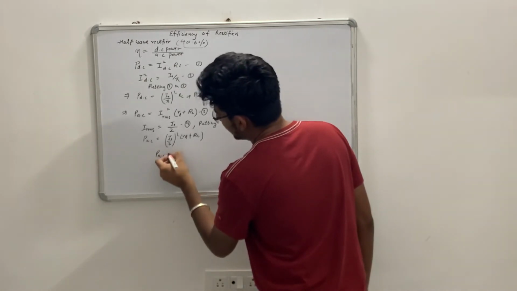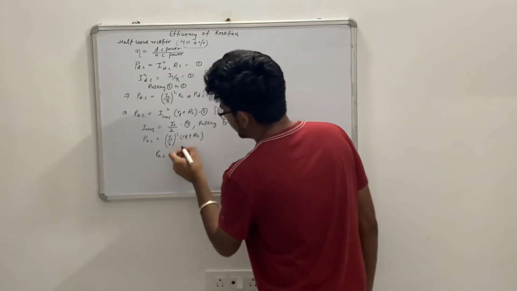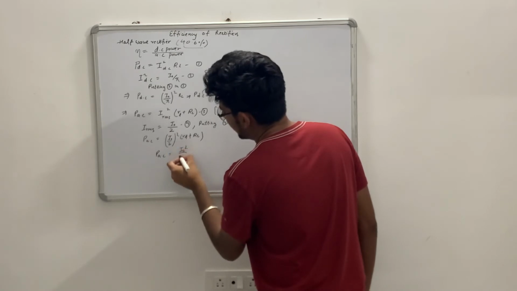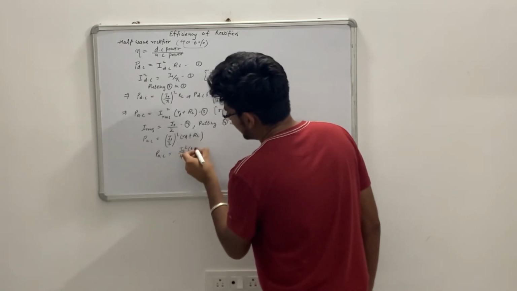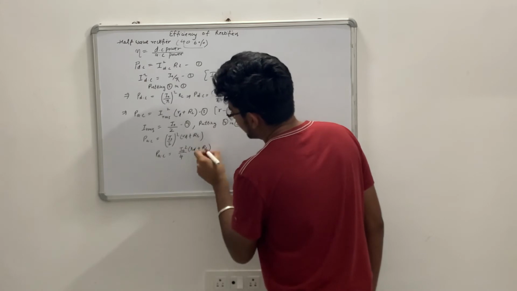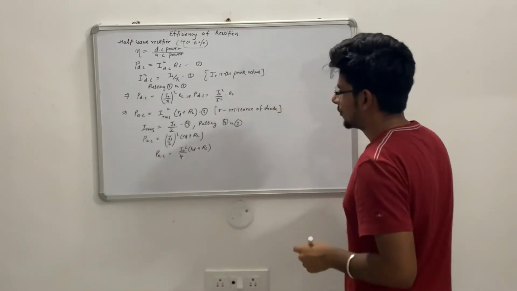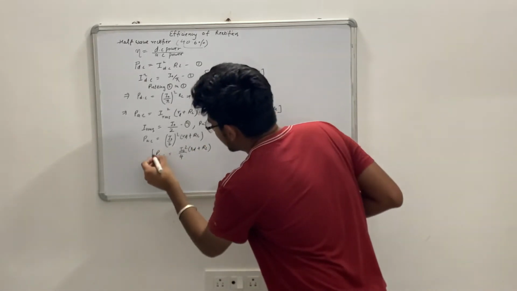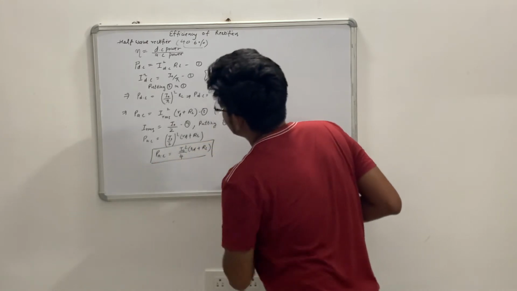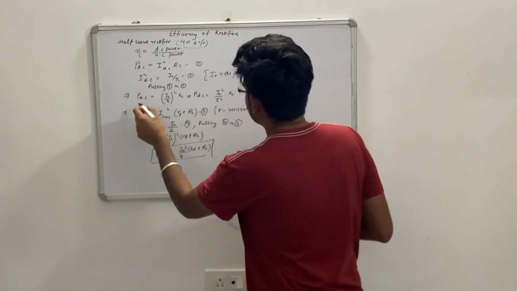So now AC power is equal to I naught square divided by 4 into RD plus RL. So this is our power AC and this is our power DC.